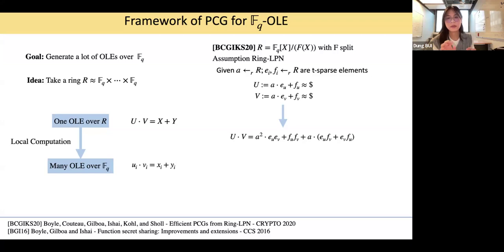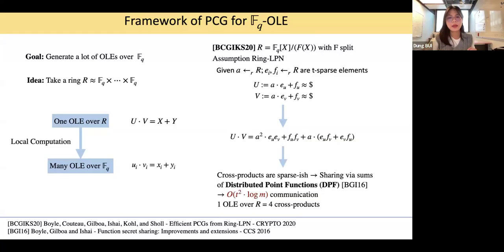So if you take u times v, you get four terms: a squared e_u e_v plus f_u f_v plus a times (e_u f_v plus e_v f_u).